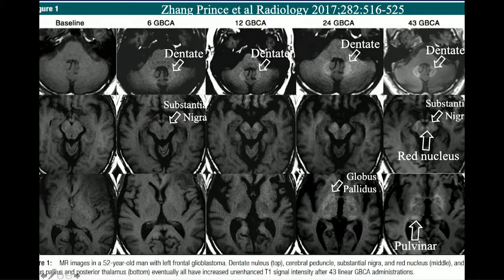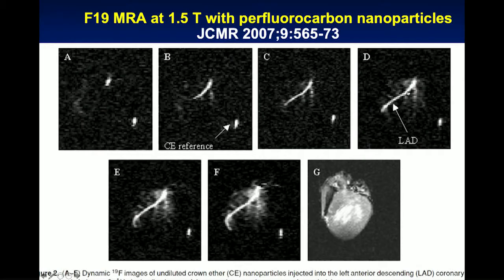All right, the final thing I want to mention before finishing is that really our goal is to get contrast between the contrast agent and the background tissue. And one of the best ways to do that is to use something that is not present in the body, such as, for example, fluorine-19, or carbon-13, or oxygen-15. And there are a couple of papers that have images from the use of fluorine-19 MRA here at 1.5 Tesla using a perfluorocarbon blood substitute nanoparticle.